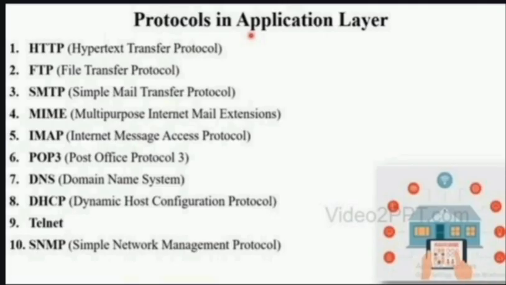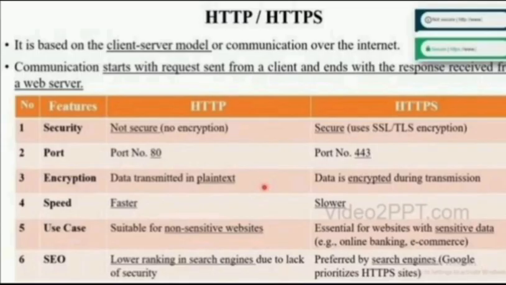These are email protocols. Then DNS, Domain Name System, and DHCP, Dynamic Host Configuration Protocol. These are used for naming and configuration. Telnet and SNMP, Simple Network Management Protocol, are used for management and remote access.